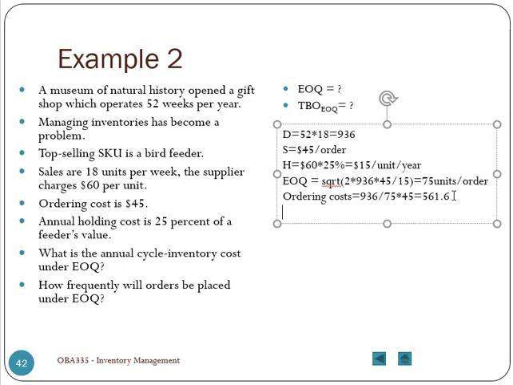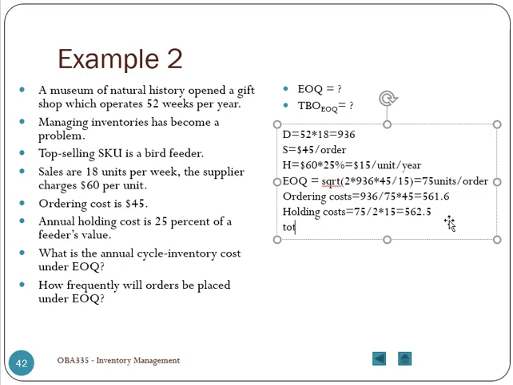And then the holding costs is Q divided by 2, 75 divided by 2, times holding cost 15 per unit per year, which is 562.5. Total costs equal to these two added together, $1,124.1.